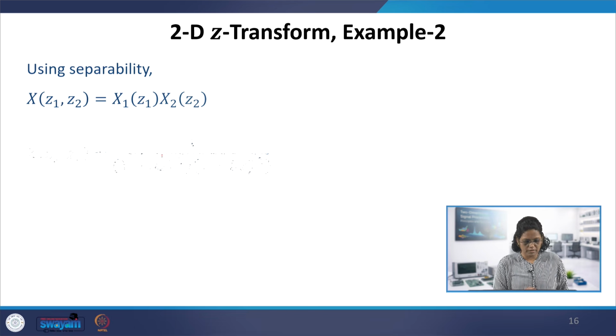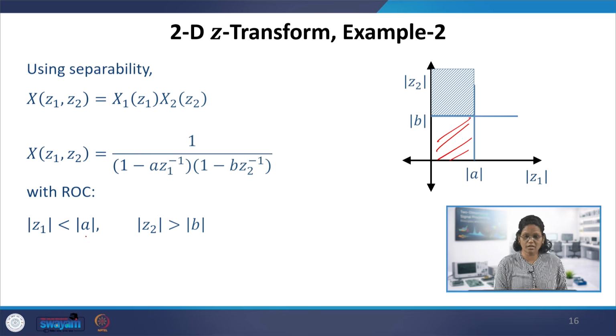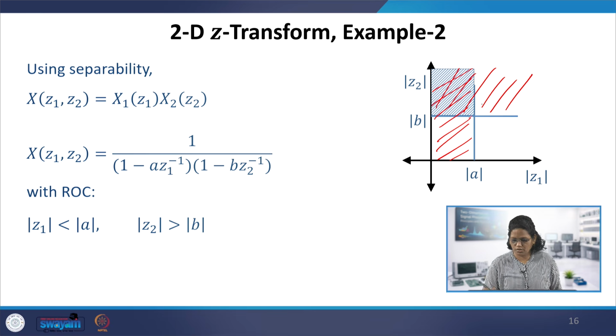So using separability we take the product of these two Z transforms, and the ROC is the intersection of the two regions. Here z1 is less than A, this region, and z2 greater than B is this region. The intersection of the two is the region marked in blue, so that's the ROC.